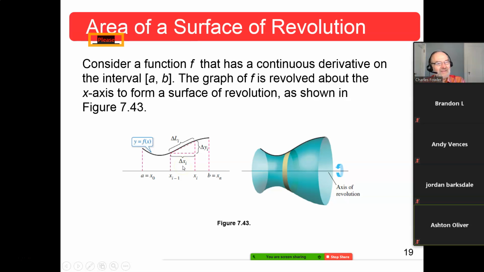So why did they mess with the big radius, little radius, take the average? You're going to have this approximated by very, very small delta x, and the radius then would be your f at that point, and that's what you're going around. So I've almost given it away already. Okay?